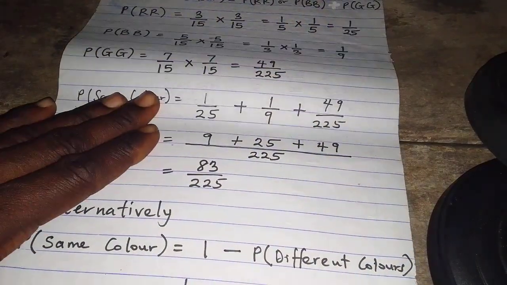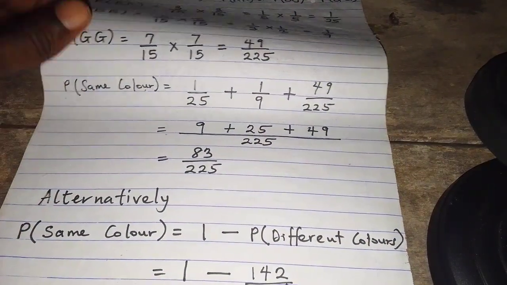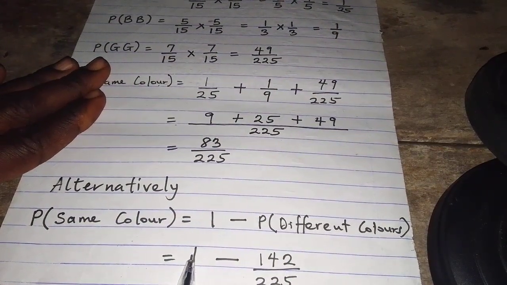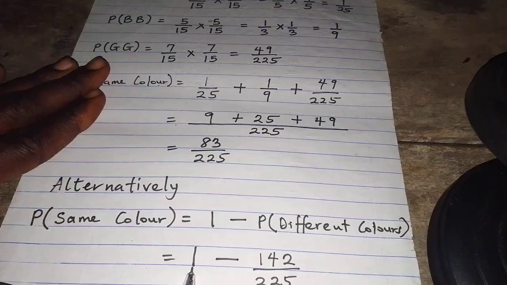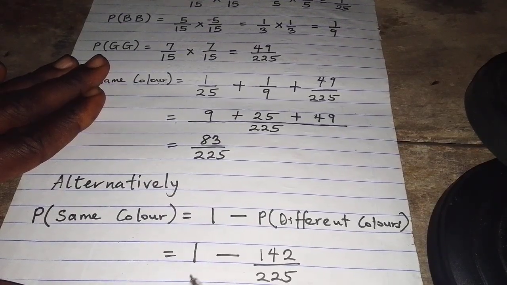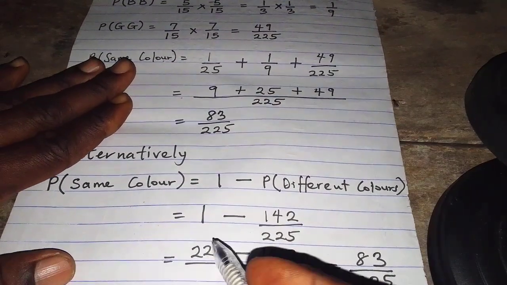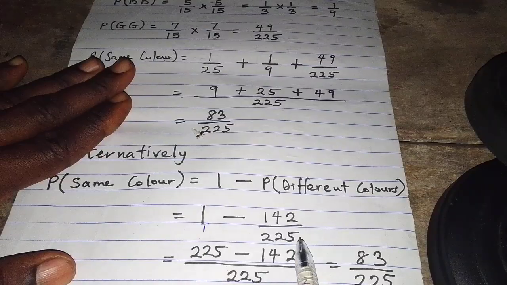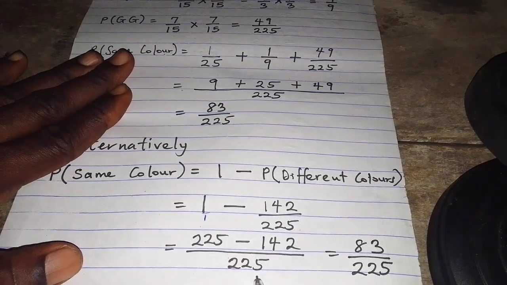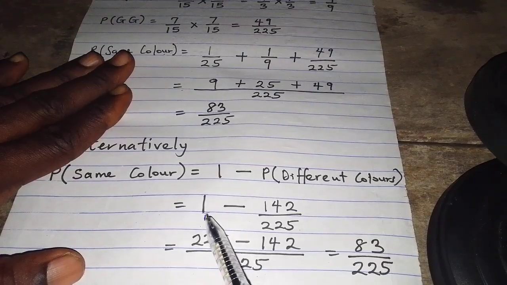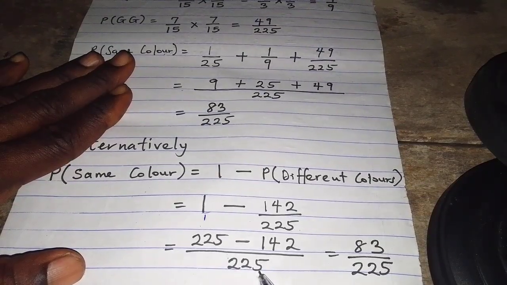So the probability of different colors is what? 142 over 225. Subtract it from 1, which will now give us the probability of having the same colors. So 1 minus 142 over 225. This one is the same thing as 1 over 1. So the LCM of 1 and 225 will give us 225.